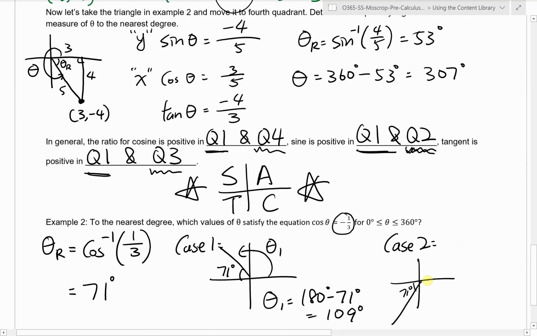So here is my theta number 2. Again, x is negative in quadrant 2 and quadrant 3, that's why I drew my terminal arms there. So in this case, the angle would be 180 plus 71, and this is going to be 251 degrees. So these are my two possible answers.